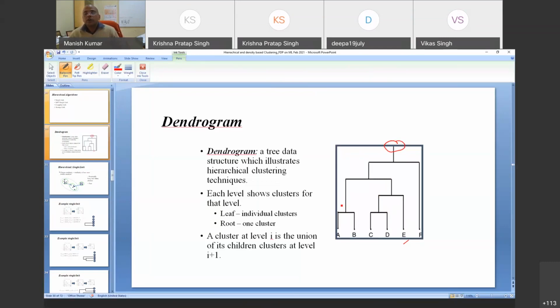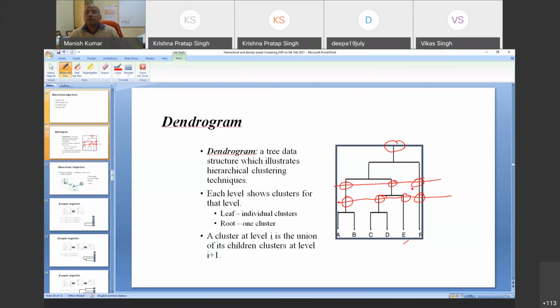Say if I draw a line here, you can see there are 1, 2, 3, 4 intersection points. So obviously I can get 4 clusters here. If I draw a line here, then I have 3 intersection points, so I can get 3 clusters.